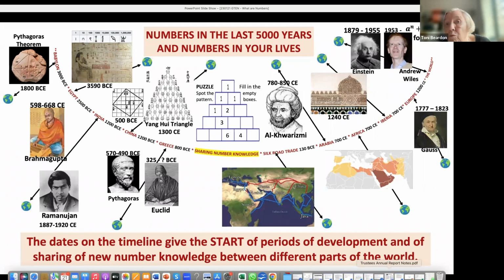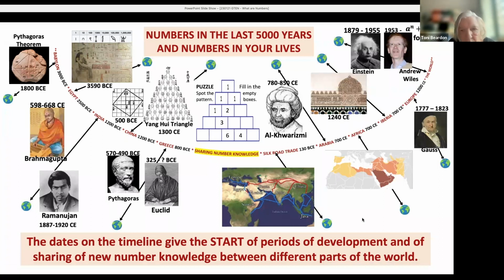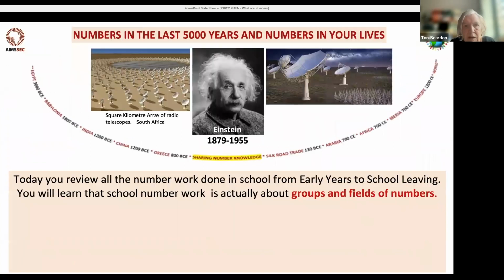What we've got up on the right is Einstein and Andrew Wiles, and something that looks a bit like the Pythagoras theorem: a to the n plus b to the n is not equal to c to the n. It is for n equals 2, but otherwise it's not. And this awareness of number has developed over thousands of years.